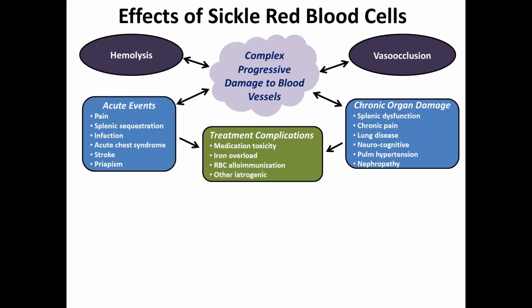Red blood cell alloimmunization is a complication of transfusions where an individual makes antibodies that complicate the transfusions. And of course, the word iatrogenic means basically bad things that happen to you when you're sick because you're in the hospital or you're getting treated. So, inadvertent consequences of treatment.